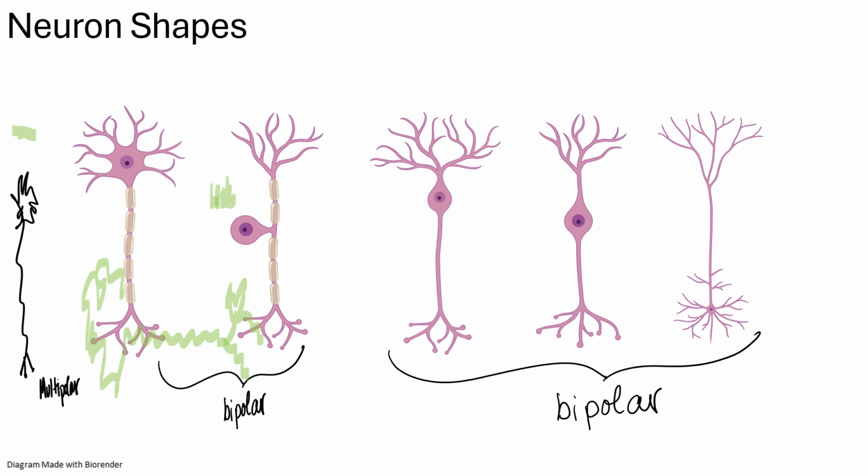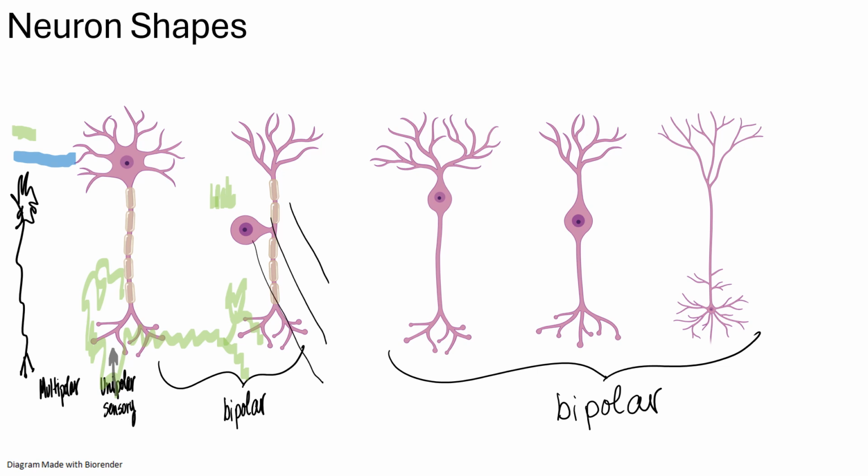These types of neurons are the most common in the brain, and they're also the most common motor neurons in the peripheral nervous system. This next neuron is called a unipolar neuron. In the peripheral nervous system, almost all of your sensory neurons are unipolar.